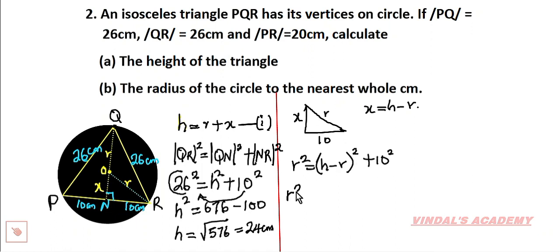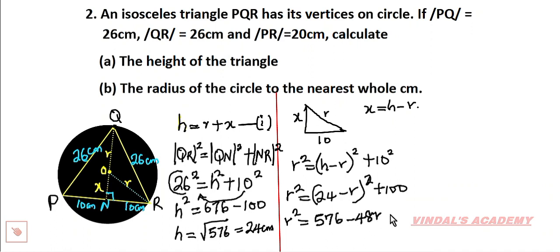R, I don't know. H, I know to be 24, so (24 minus R) squared plus 100. So R squared is equal to 24 squared, which gives 576 minus 48R plus R squared, then plus 100.